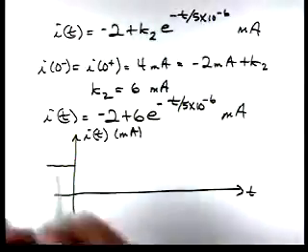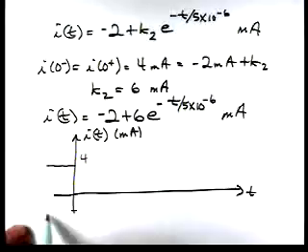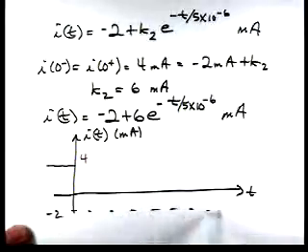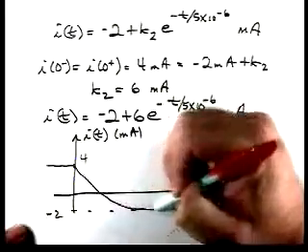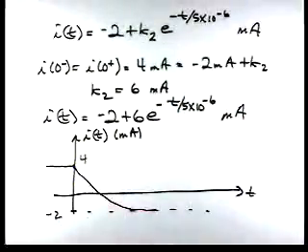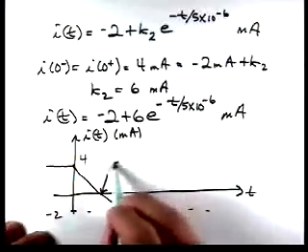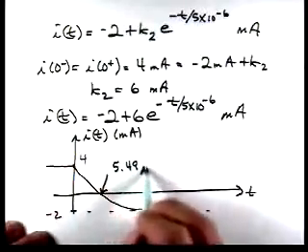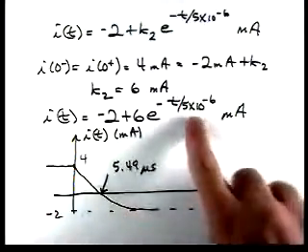It starts off at 4. Final value is going to be minus 2. So it's going to do something like this. It turns out that where it crosses 0, the time is 5.49 microseconds, and you can solve for that by setting i(t) equal to 0.